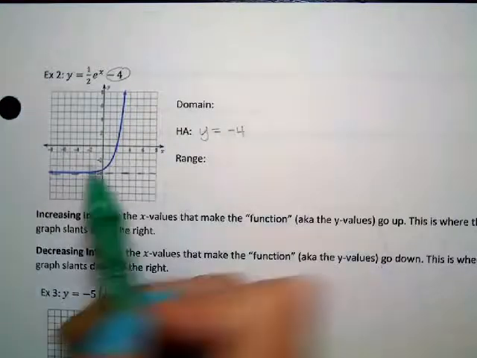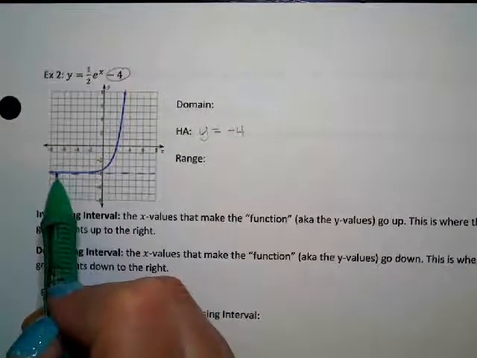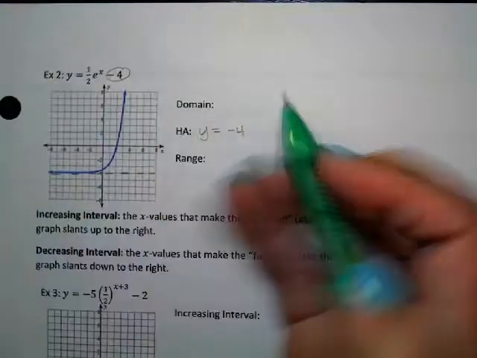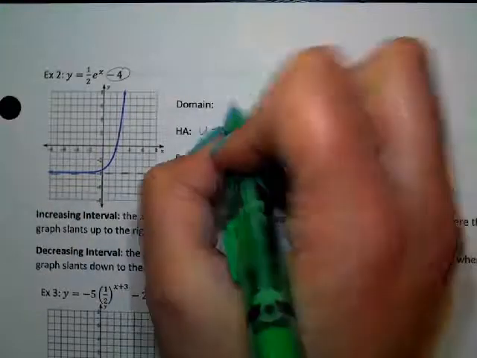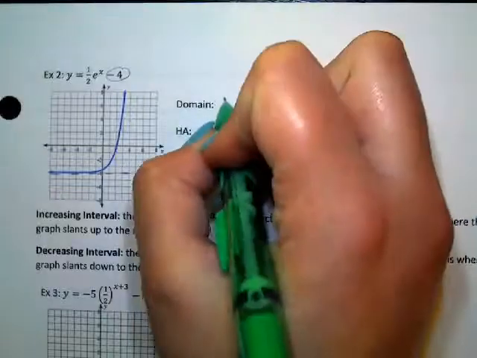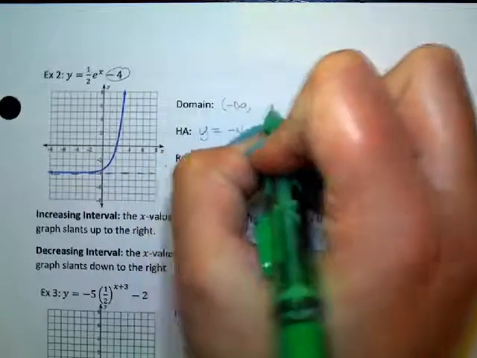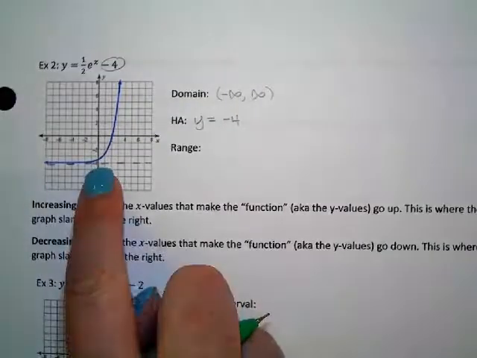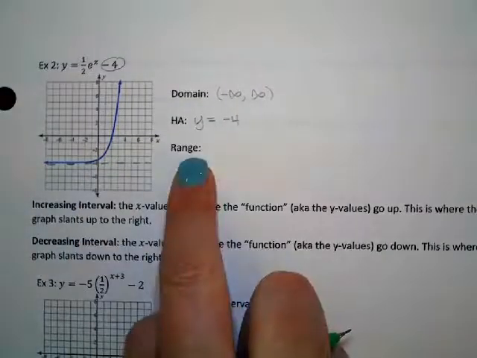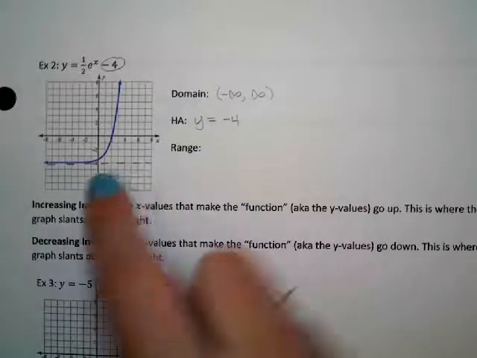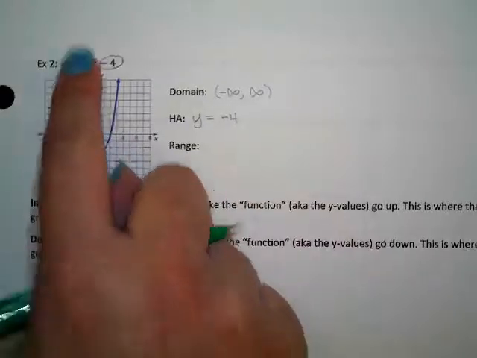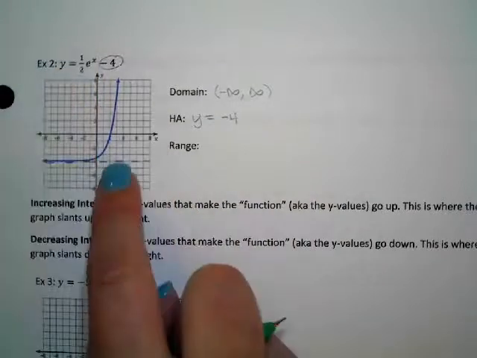But if we look at the domain for this problem, I can see that the graph does go left forever, it does go right forever. So my exponential equations are always going to have a domain from -infinity to +infinity. But because they do have horizontal asymptotes, that range is going to be limited. So typically, if they're right side up, so they're going up, then it's going to be something limiting them from the bottom.